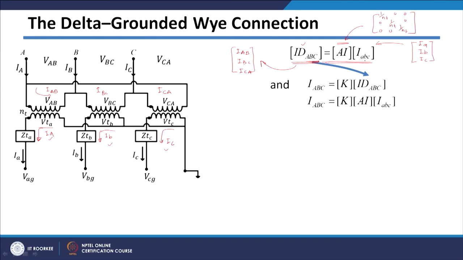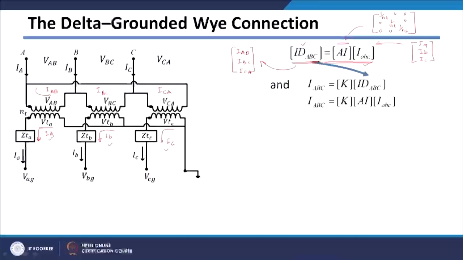Now, since these are delta currents, and as I told you, for ABCD parameters we need line currents, we need to convert these delta currents into line currents. These are line currents, we do not have to worry, these delta currents need to be converted.